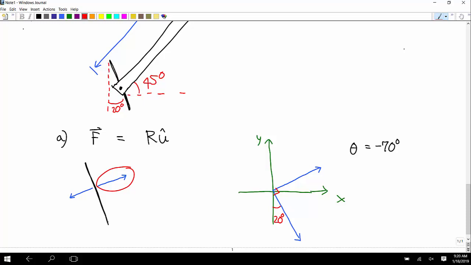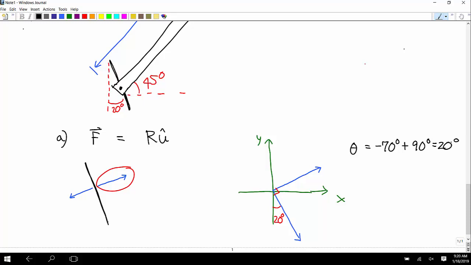So we started, went minus 70, now we're here. Now we're going counterclockwise 90. So plus 90 gets us where we want. And so theta just turns out to be 20 degrees.